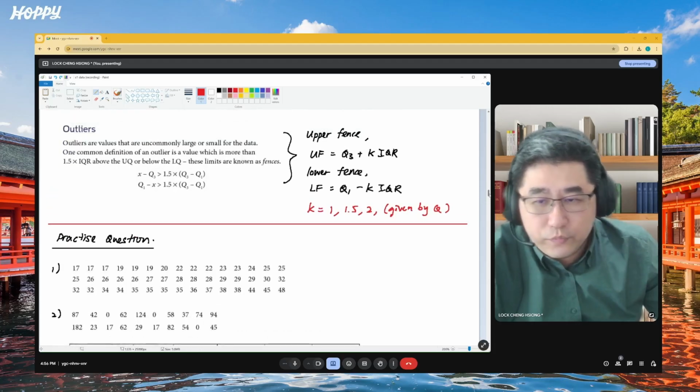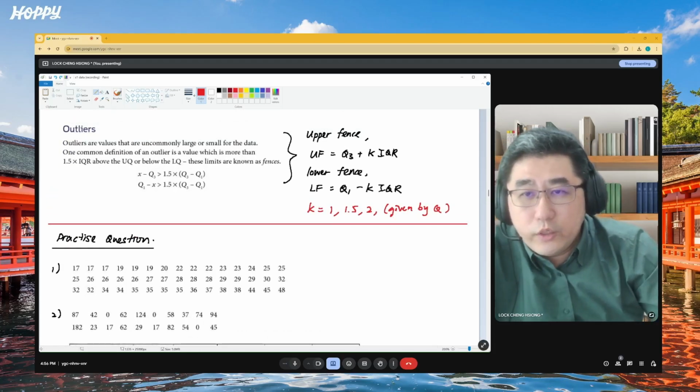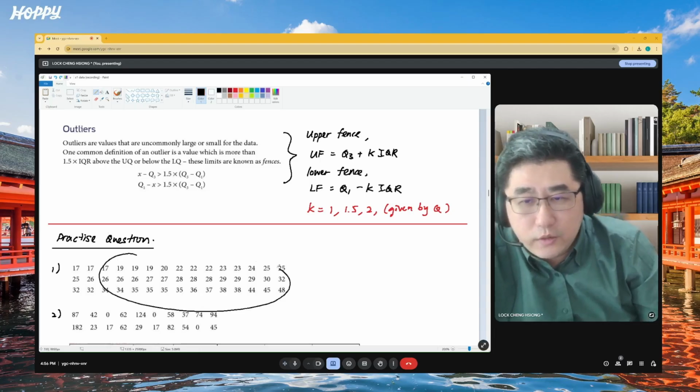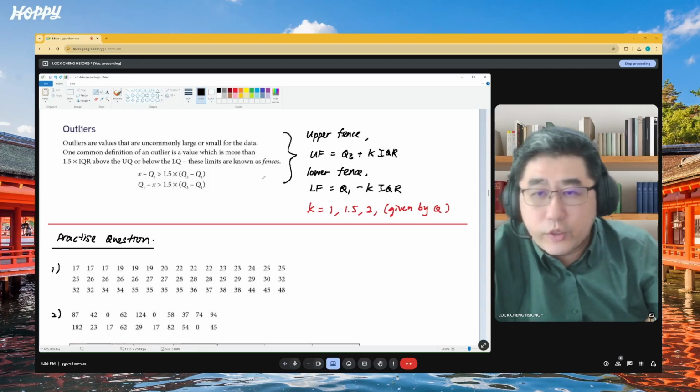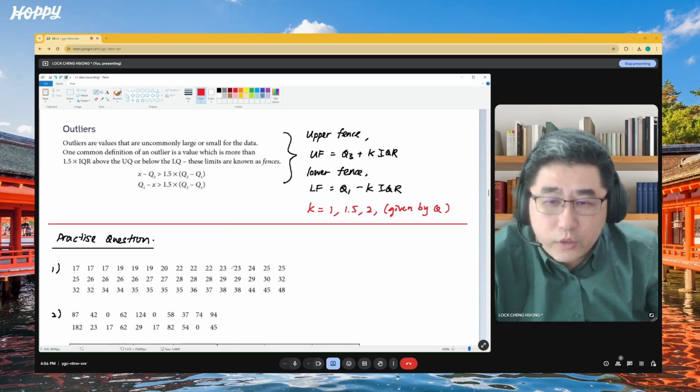Over here you can see I have the data. What I can do is first identify Q1, Q2, and Q3.